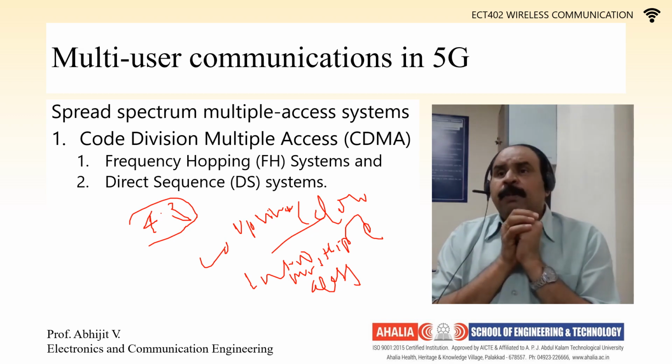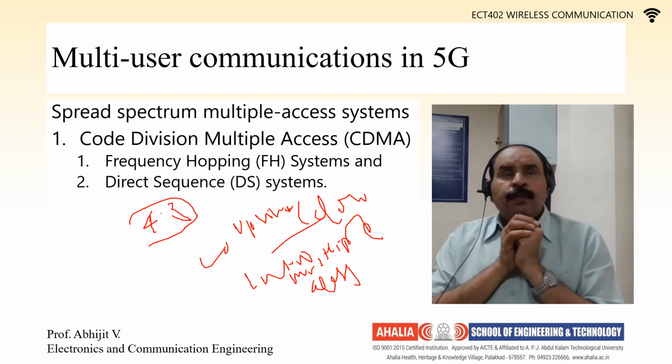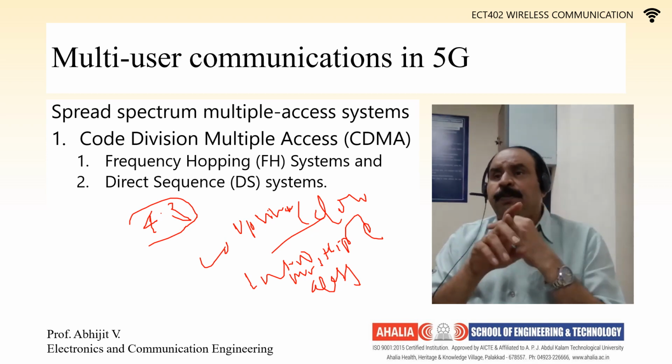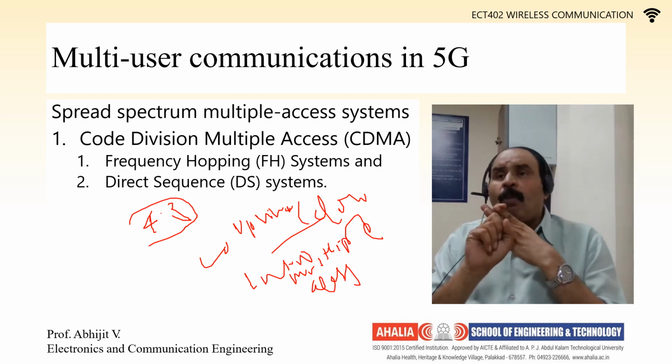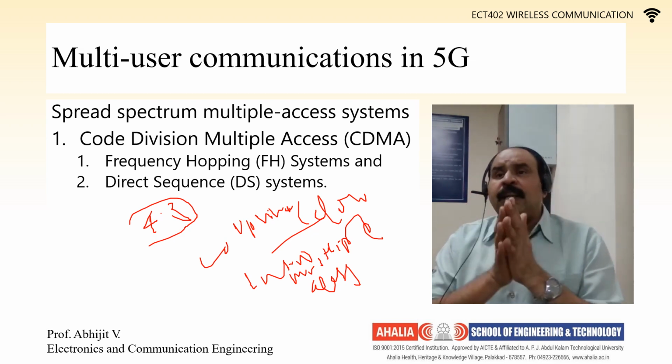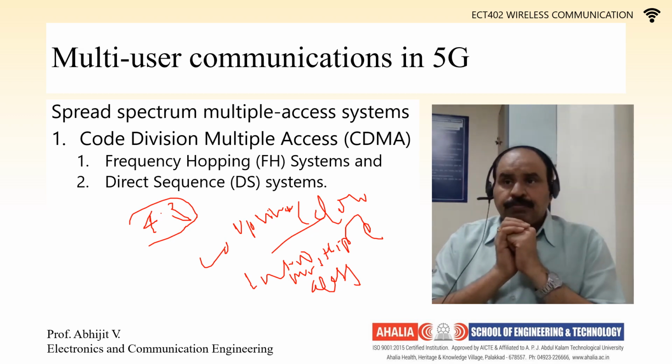In your syllabus, in the fourth module, we have frequency division multiple access FDMA, TDMA, CDMA and OFDMA remaining. The rest of all these things are completed, and once we start that, it is going to be very simple and very easily understood.